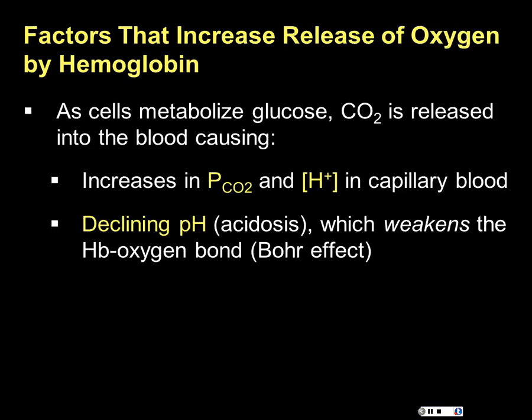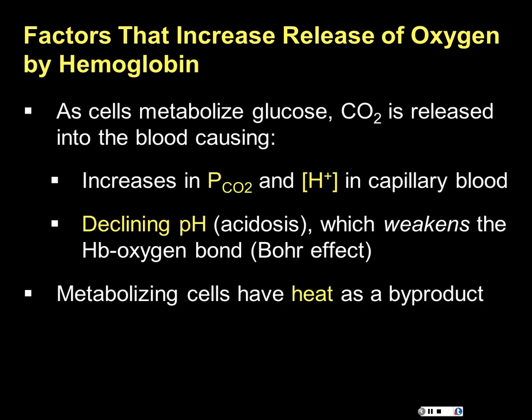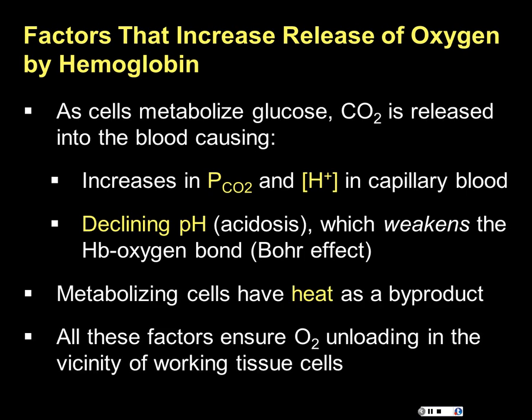We said if the cells are metabolically active, glucose, for example, carbon dioxide being produced, which drops our pH, and our temperature is up. All of those factors contribute to hemoglobin letting go of oxygen so it can meet the demands of those tissues. Or it's described as unloading. The oxygen is unloaded into the tissues.